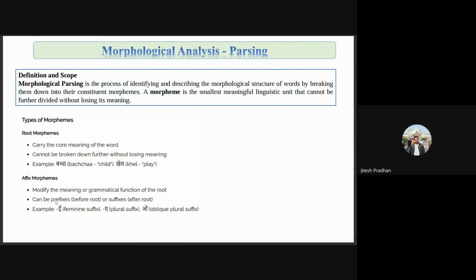They can be prefixes or suffixes, after the root or before the root. For example, e is a feminine suffix. A is a plural suffix. O is an oblique plural suffix. These are also morphemes, na? But these are prefix and suffix morphemes. That's why we call them affix morphemes.